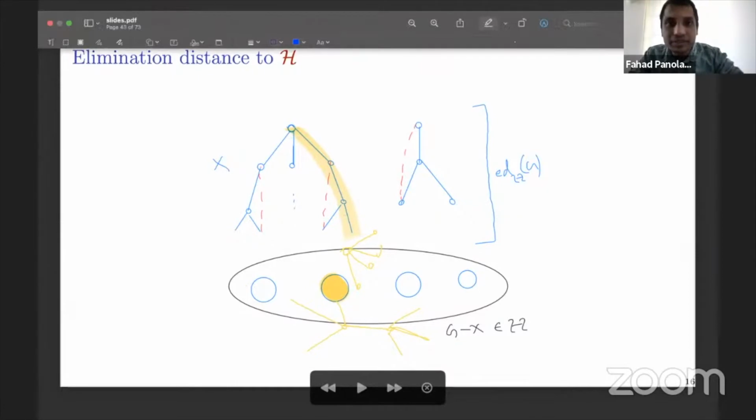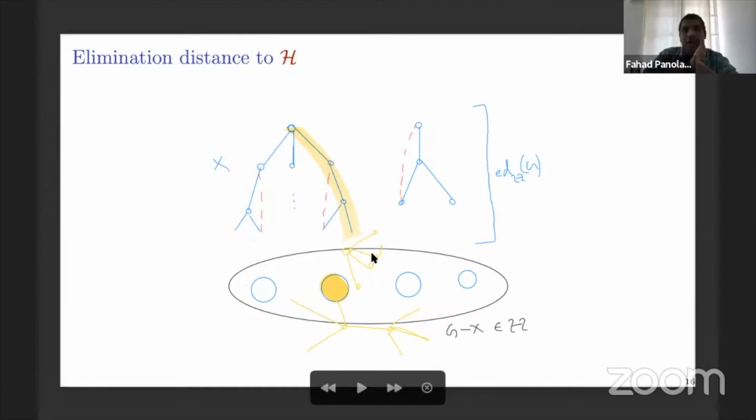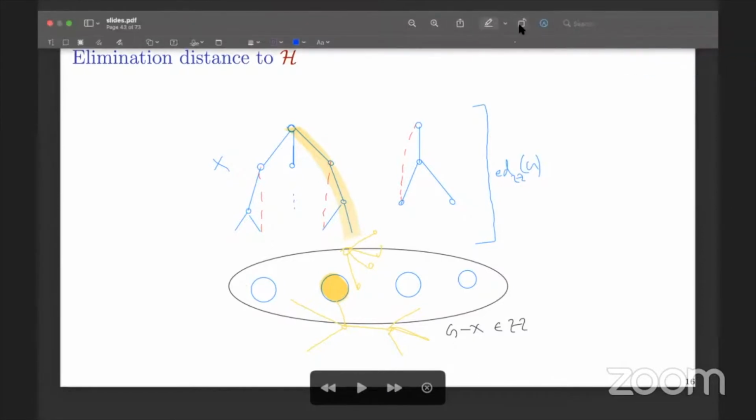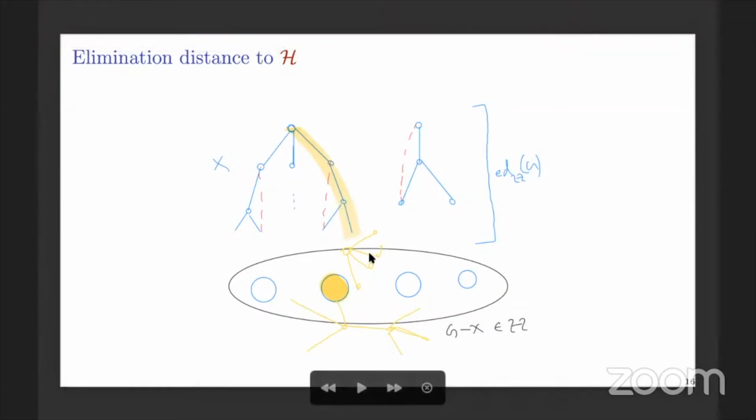Any questions? Fahad, in this picture, did you have a specific H in mind? In this picture, I don't have any specific H in mind. The property is that after I delete X, G minus X should be in H. And what is the difference between this distance that you have defined and the vertex deletion distance?